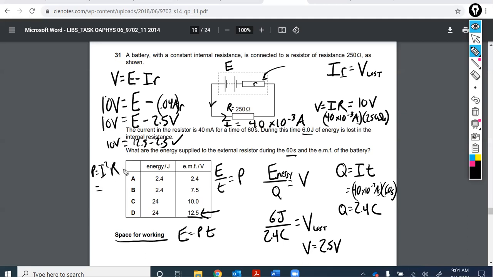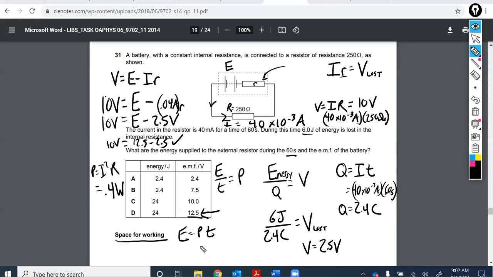So this kind of reminds us, here's a good equation for power. If I've got 0.04 amps or 40 milliamps, that's 0.04 amps squared times the 250 ohms of resistance. And so I can calculate using I squared R, there's 0.4 watts of power in this resistor at that current, at that resistance.